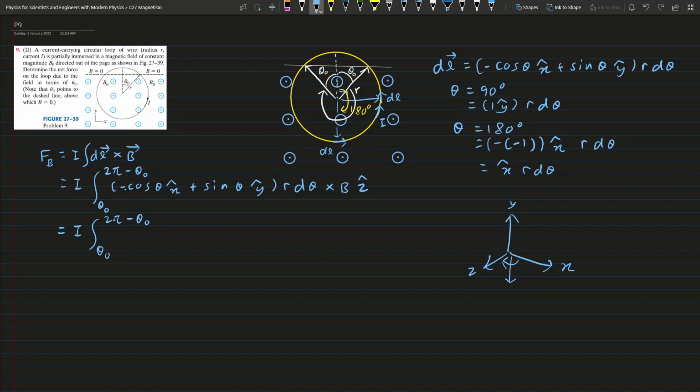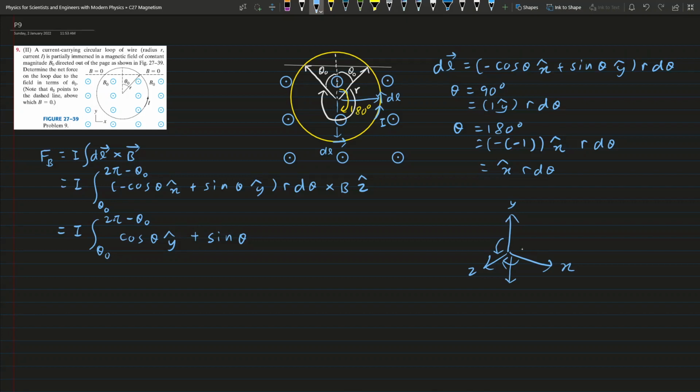So here in front we have a negative, so it becomes cos theta y, and plus this sine theta, y cross z.